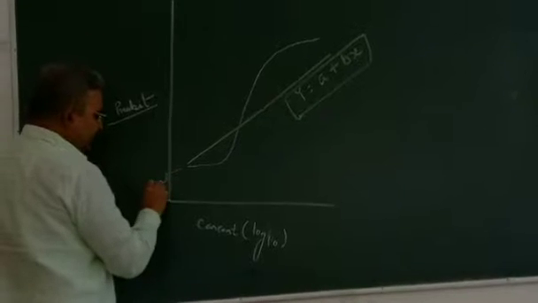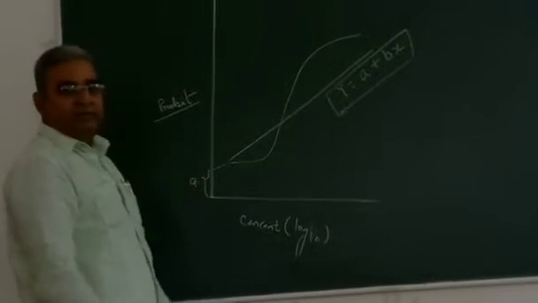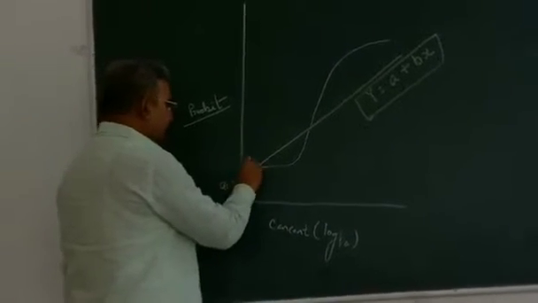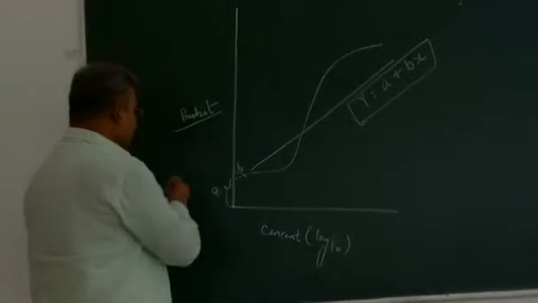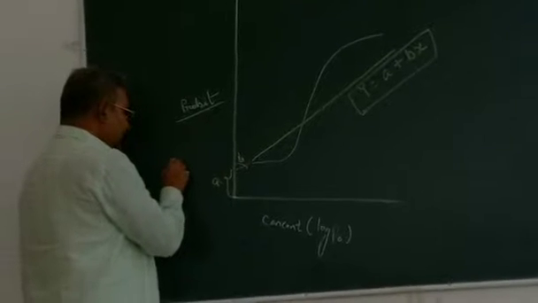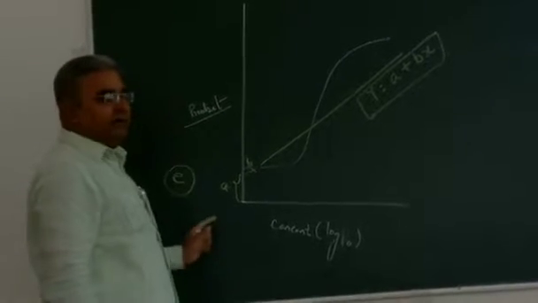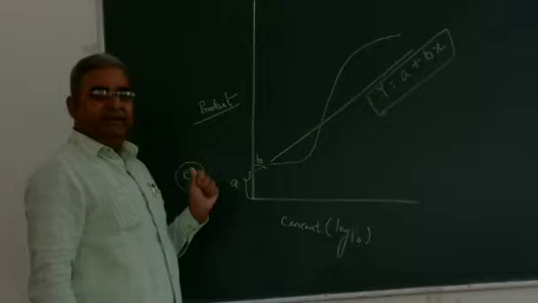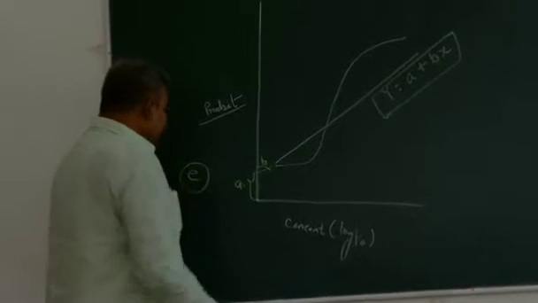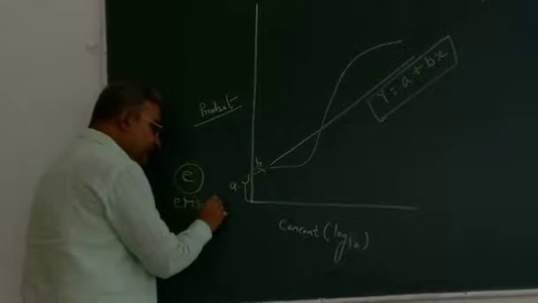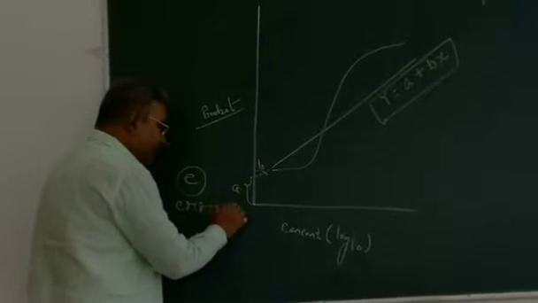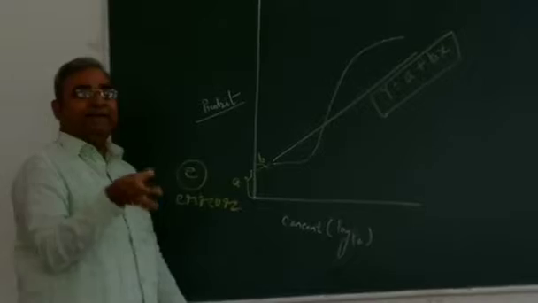The slope is represented by b. And the third component is e. It is commonly referred to as error, but it is not error.